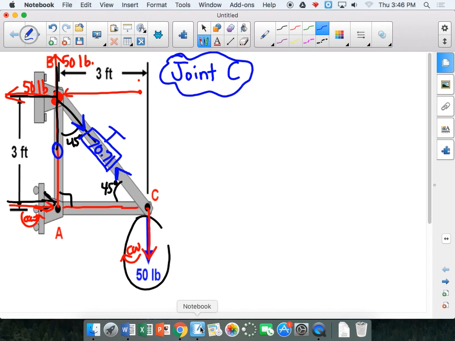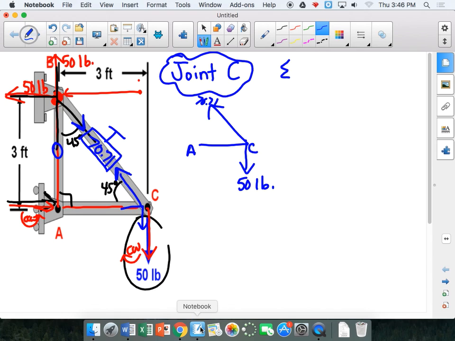Okay, so if I draw joint C, it's going to look like that, and then you're going to have an arrow there. So I've got joint C. Here's C, here's A, and I've got a force going down, 50 pounds. I already know that this one is 70.71.